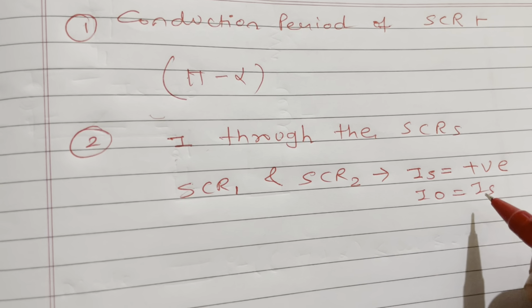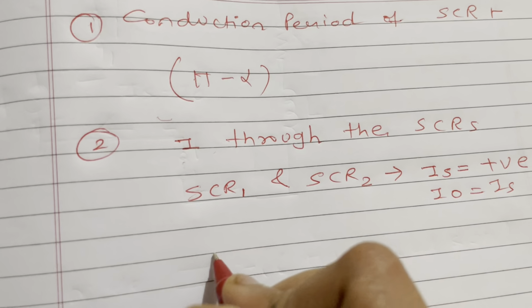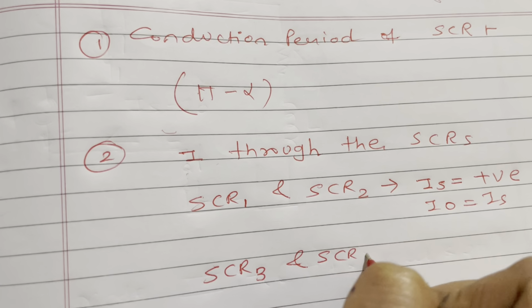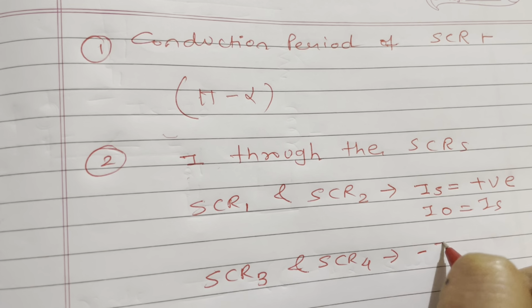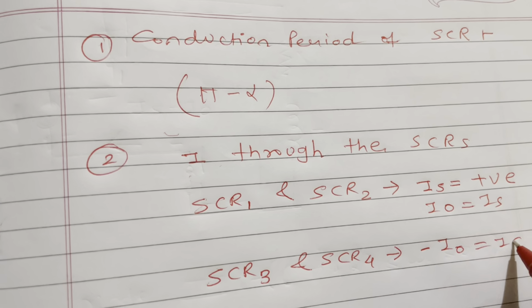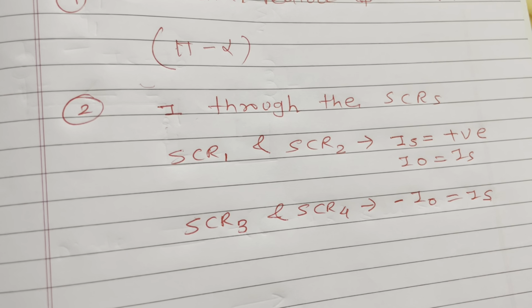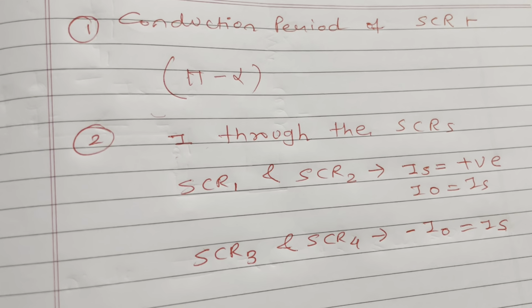When SCR3 and SCR4 conduct, the supply current is negative, that means IS is equal to minus I0, because the polarity is in the opposite direction.